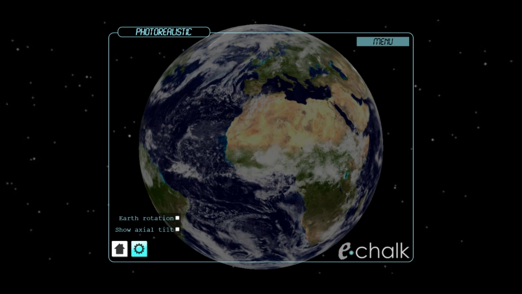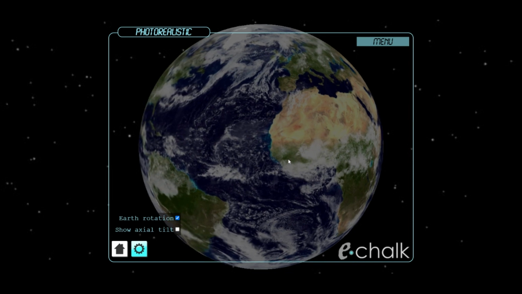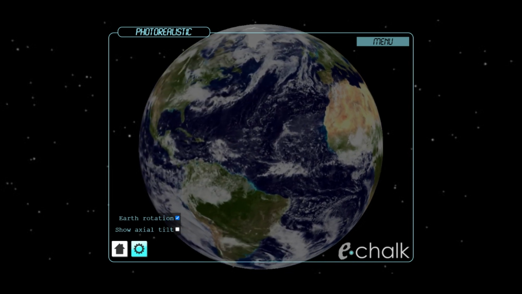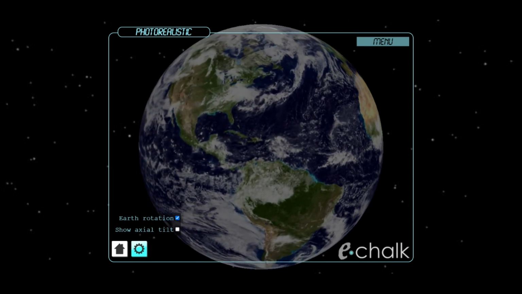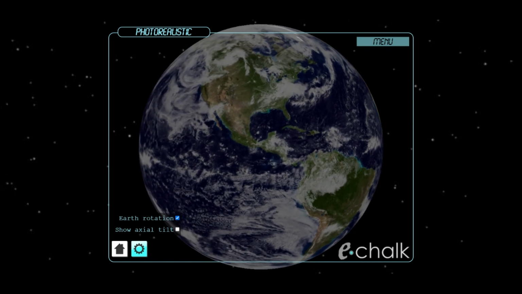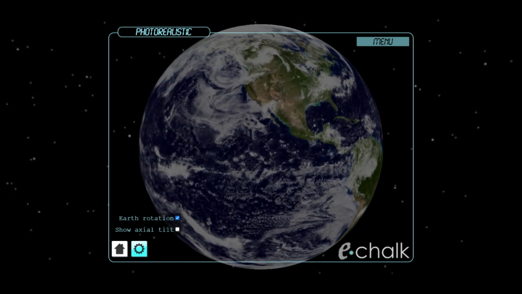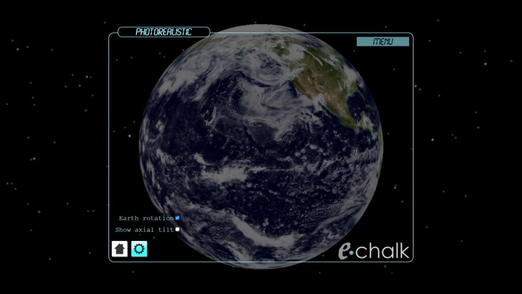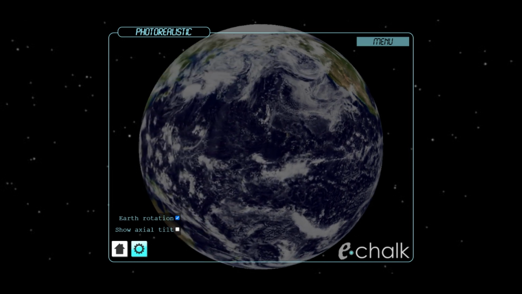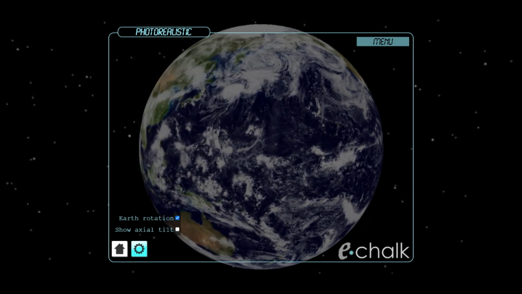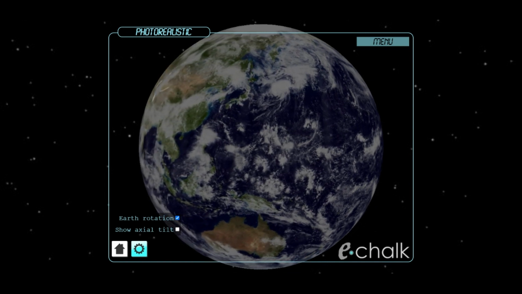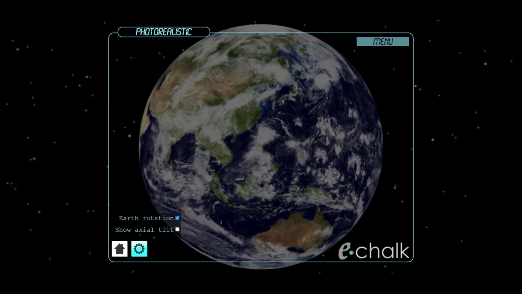Next, we see the significant lines of longitude. Greenwich meridian. The Royal Astronomical Observatory is located at Greenwich near London in England.